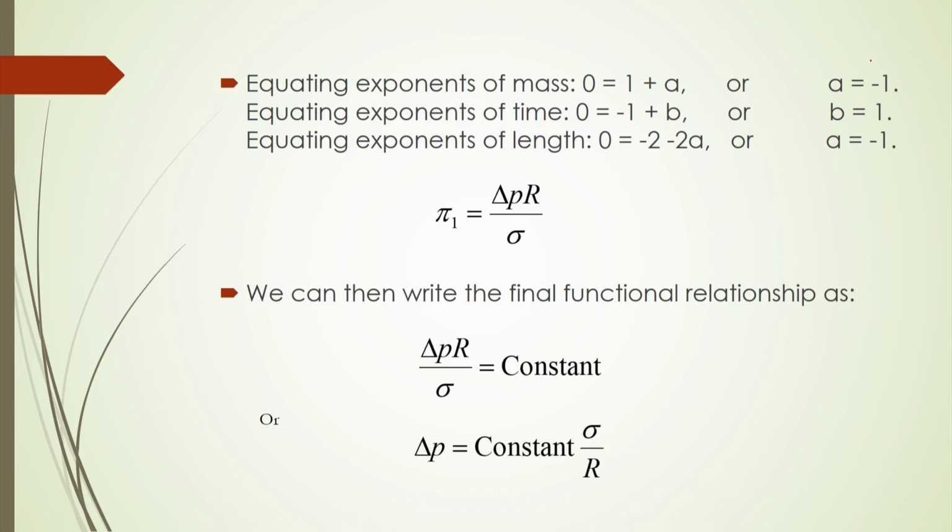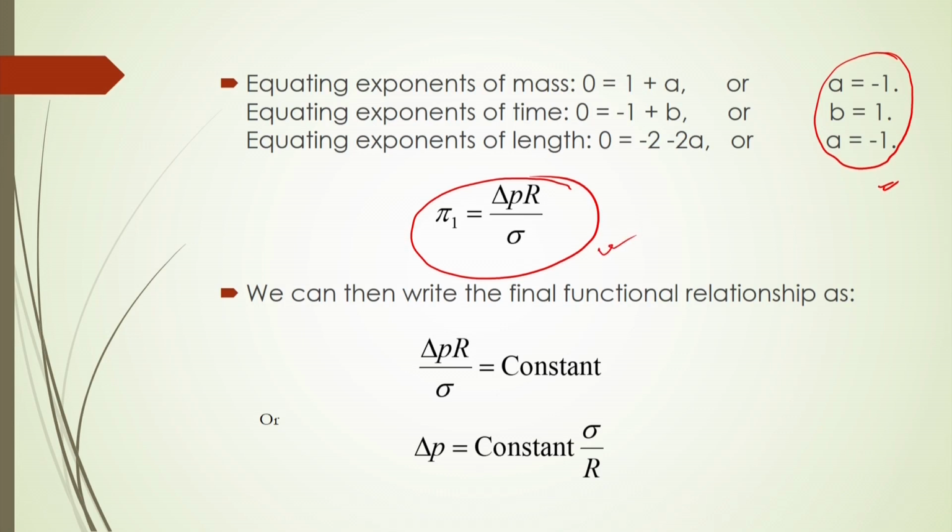After solution we are getting a as minus 1 and b as 1. So, after substituting these a and b values, pi 1 will be delta p r by sigma.